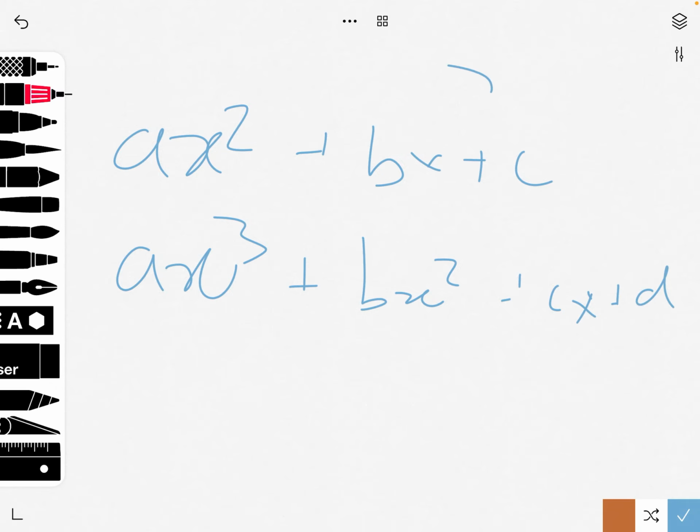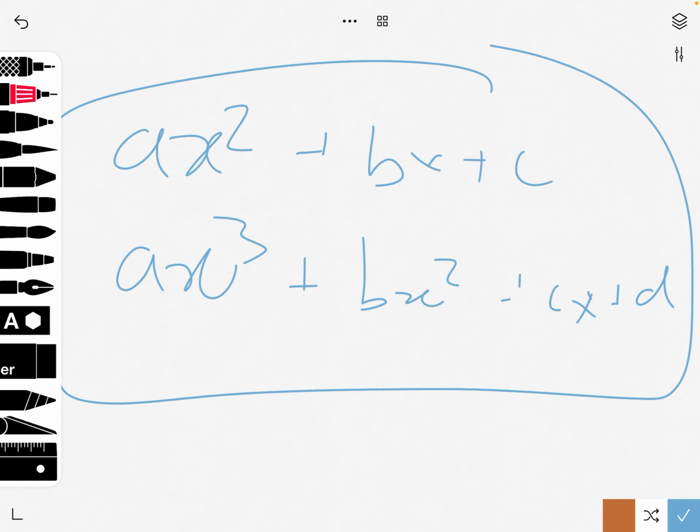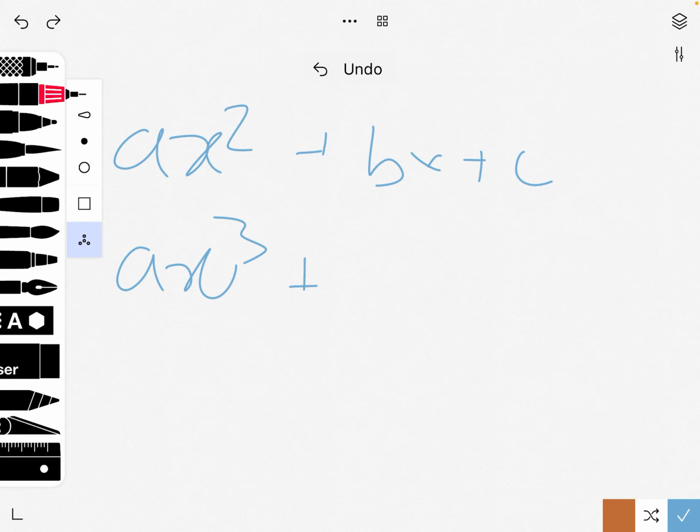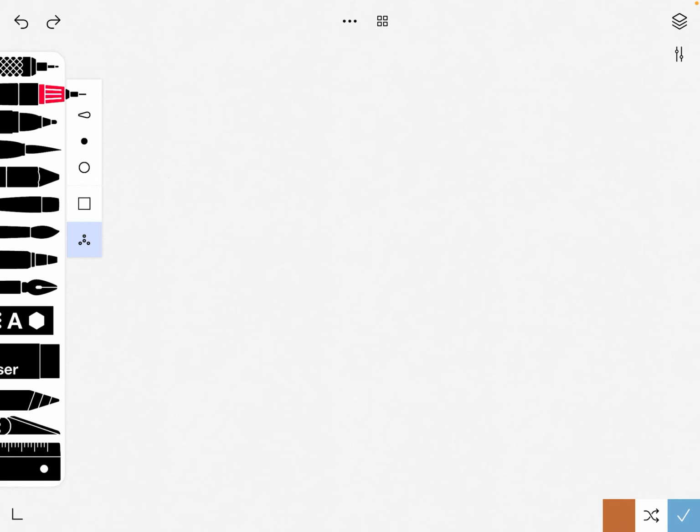I'm going to show you an example, and explain through the example how the process works.